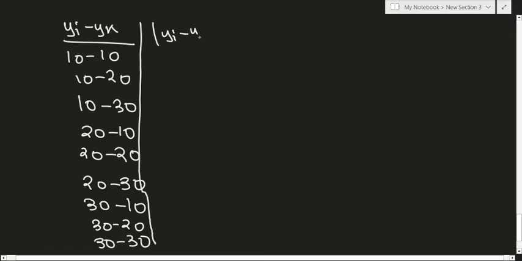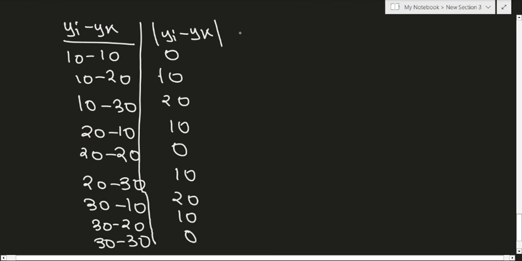Now for absolute differences we take, this comes out to be 10, 20, 10, 0, 10, 20, 10, 0. Now we sum them up. This comes out to be 10 plus 20, 30, 40, 50, 70, 80.